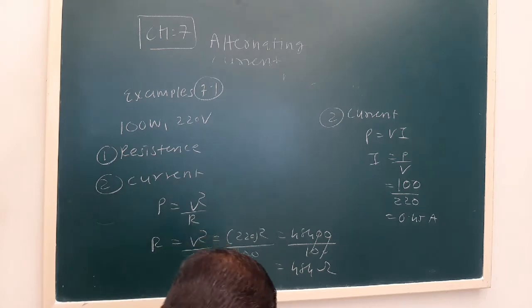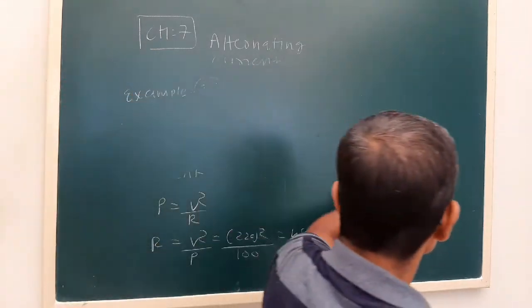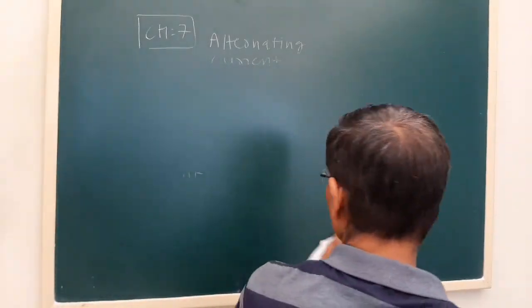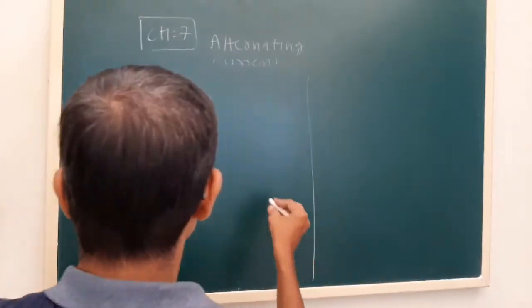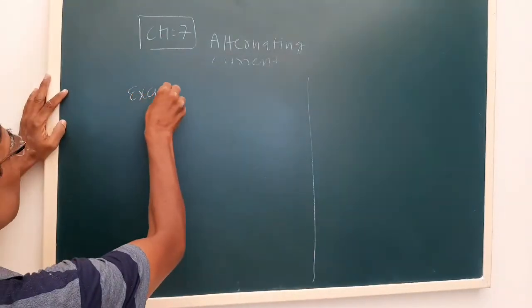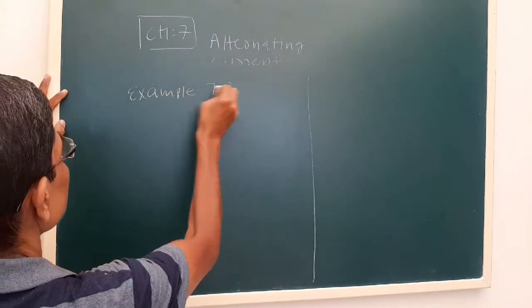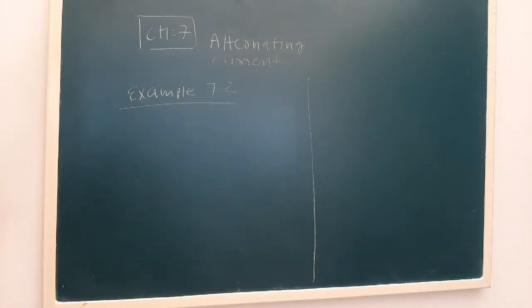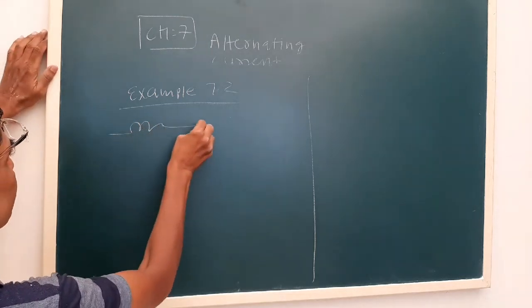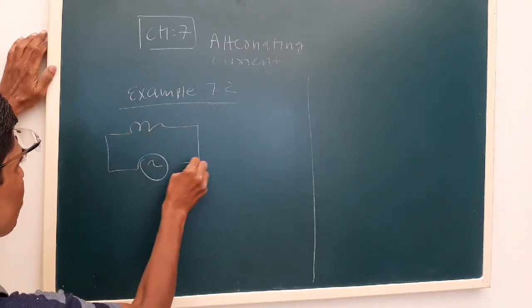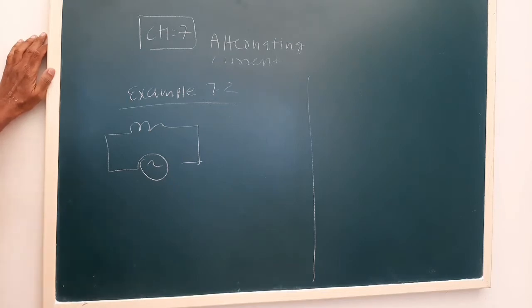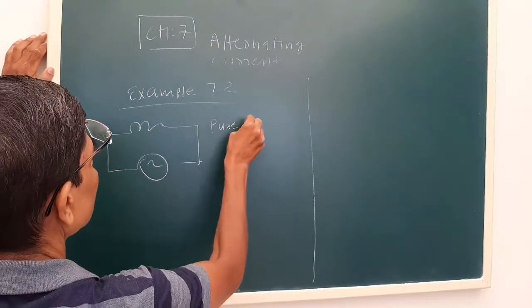Now next is example number 7.2. Okay, here we have a circuit with only an inductor, a pure inductor.